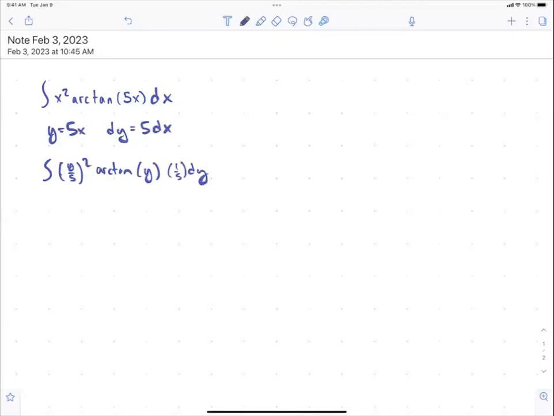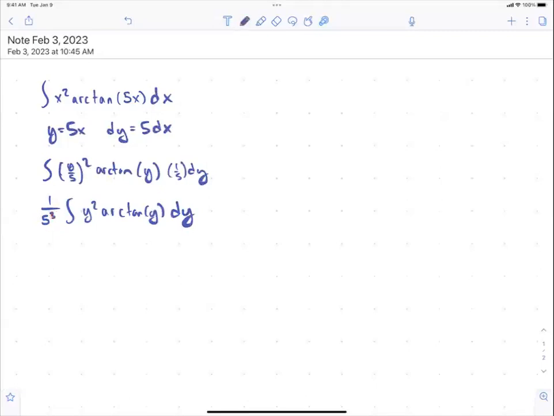Good, so I can pull out all those 1/5s, and I end up in front with 1 over 5 cubed times the integral of y squared arctangent of y dy. Now these 5s sitting here, I have to remember them when I do my final answer, but I can just save that for the very end.